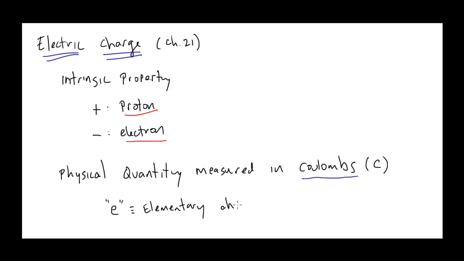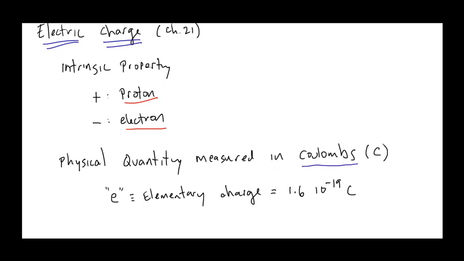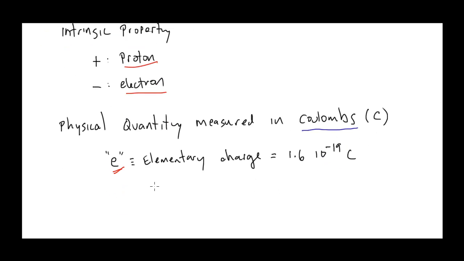In standard units, in coulombs, the elementary charge is equal to 1.6 times 10 to the negative 19th coulombs, which is to say the amount of electric charge on a proton or an electron is really quite small. You could take the reciprocal of this and figure out how many protons or electrons you would need in order to get up to a coulomb of charge, and you'd see that you'd need quite a lot of protons or electrons to create a whole coulomb.